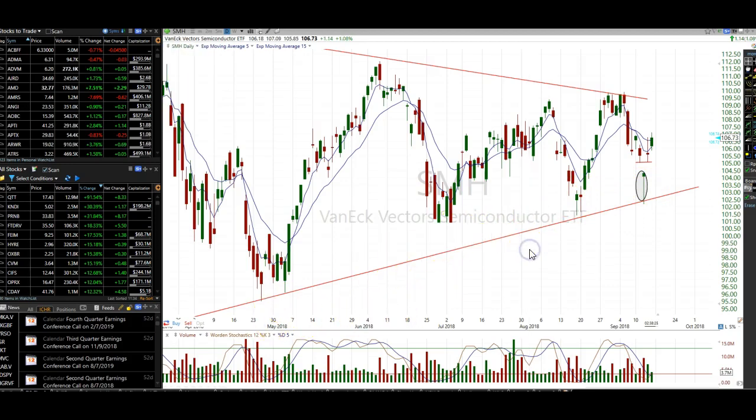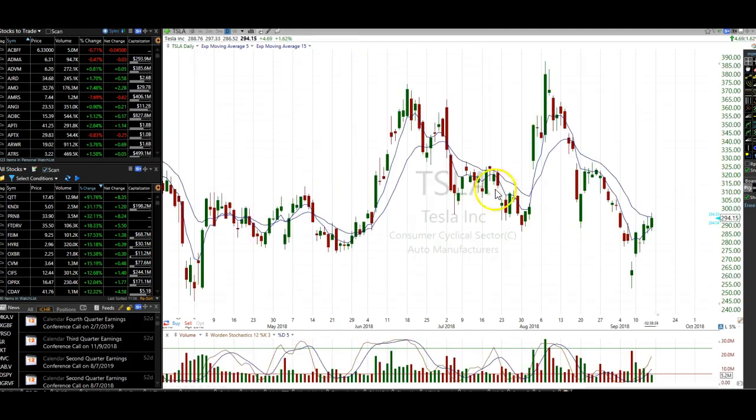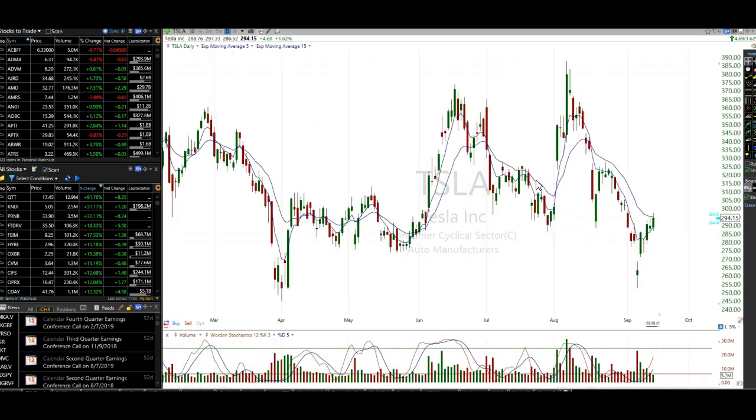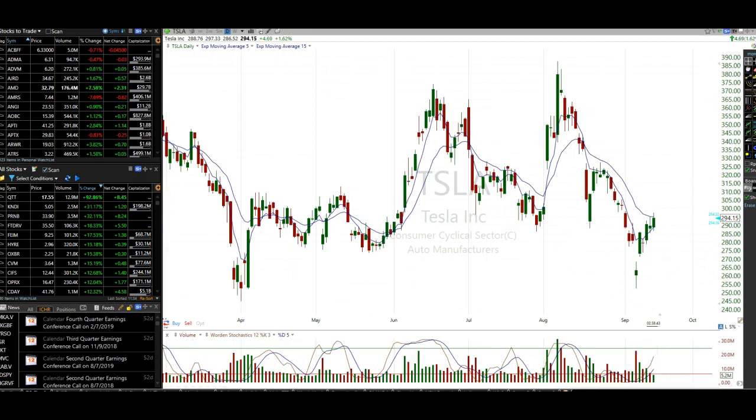And a couple of the stocks that I saw that did that recently were Tesla. So here again, this is the island reversal.